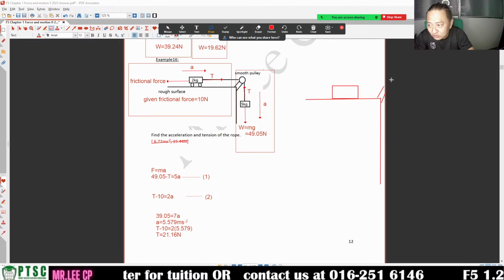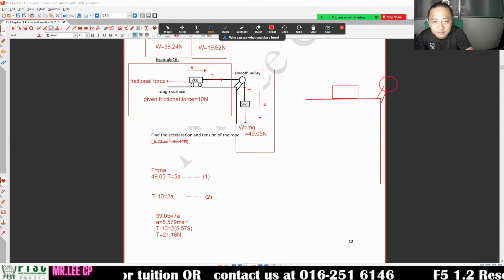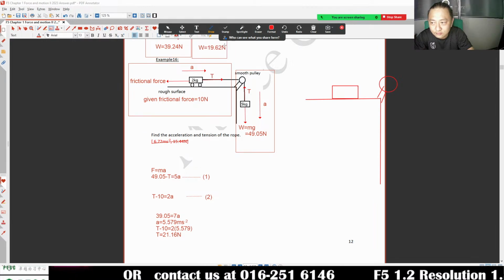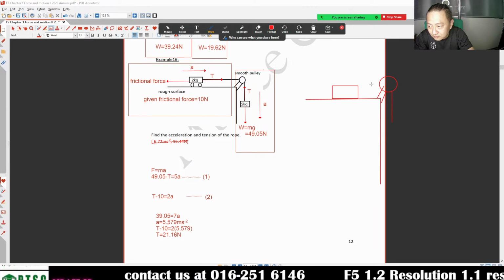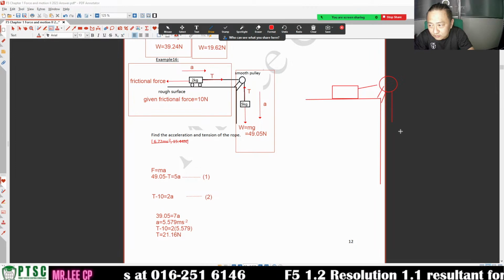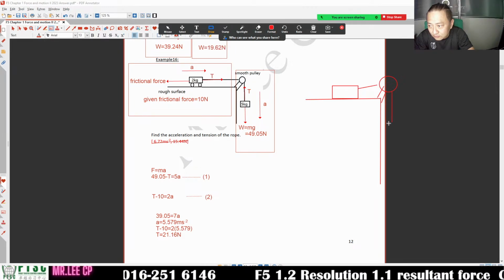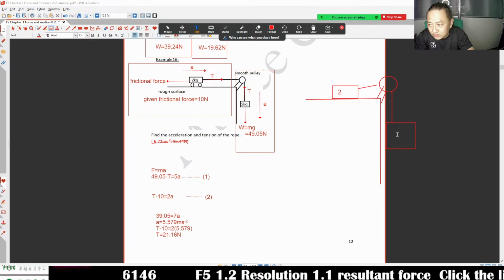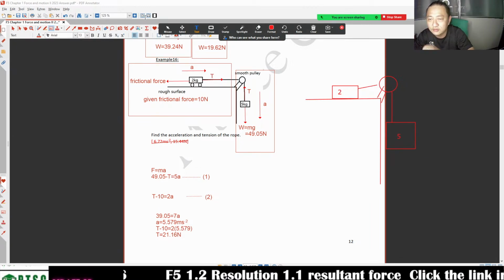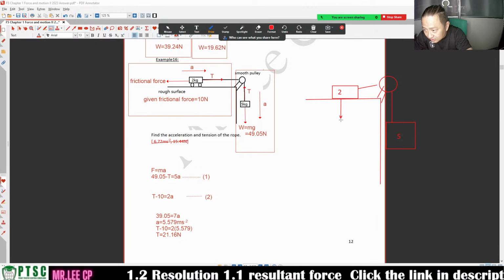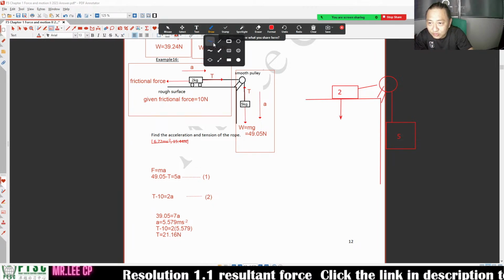I don't want to spend too long on drawing this. This is 2 kg, this is 5 kg. Now, teacher, this one got a 19.62.